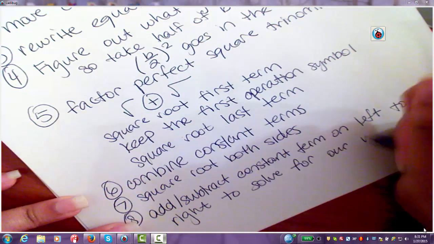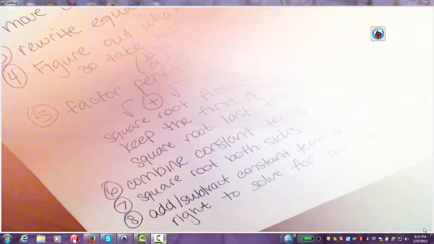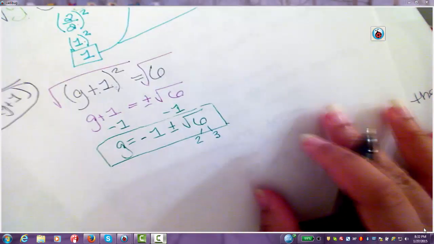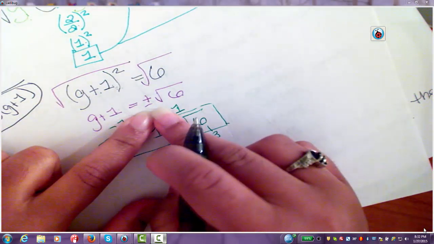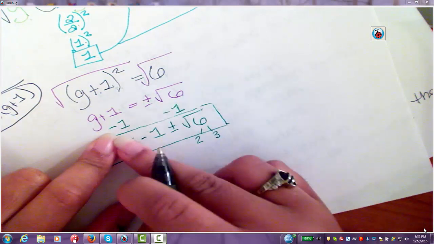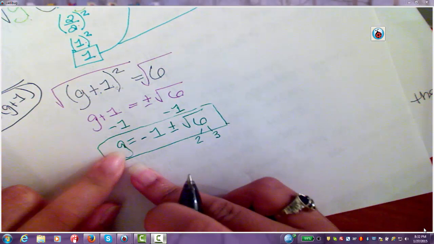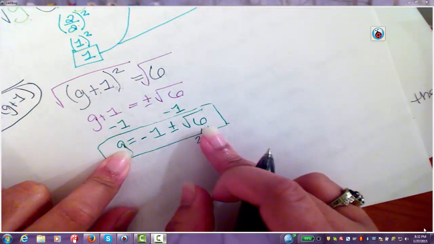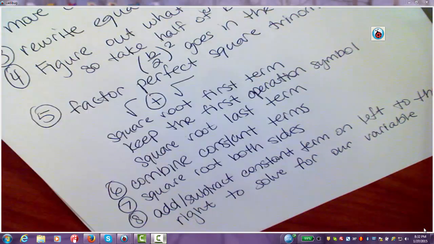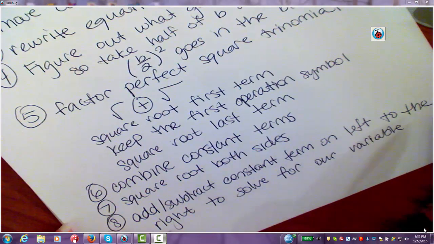So if you look back, once we got g plus 1 equals the plus or minus square root of 6, we subtracted 1 from both sides. So then we got our final answer as g equals negative 1 plus or minus the square root of 6. So we add or subtract the constant term on the left to the right to solve for our variable. And then we are done.